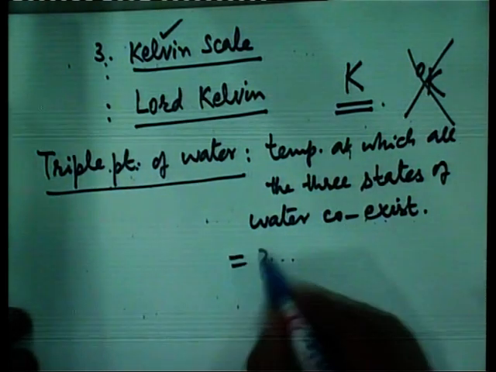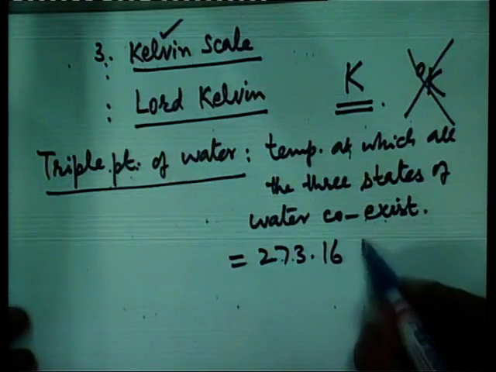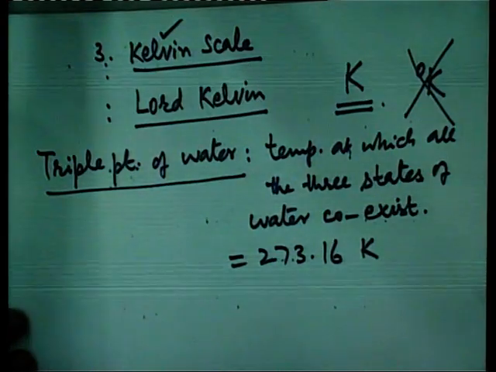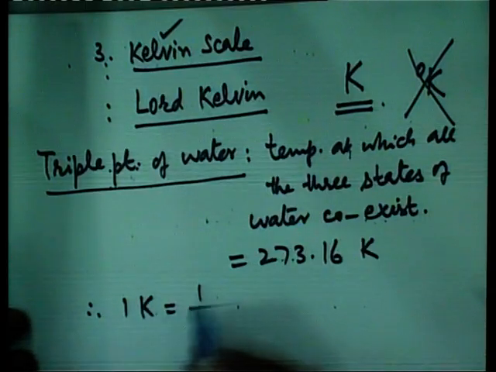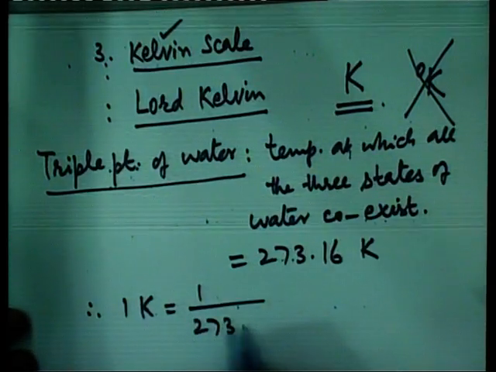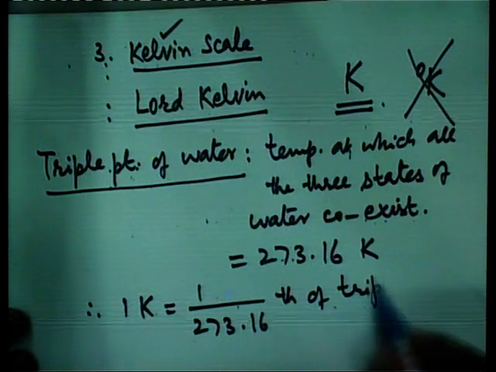Its value is 273.16 Kelvin. So, this is how 1 Kelvin is defined as 1 over 273.16 of the triple point of water.